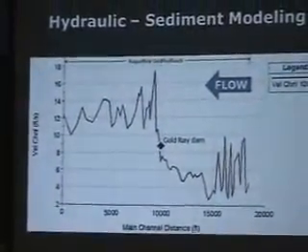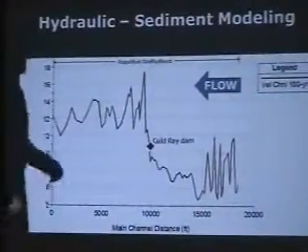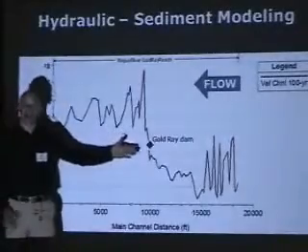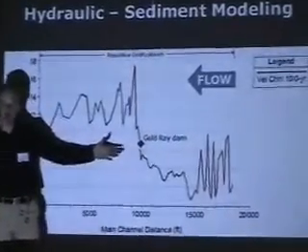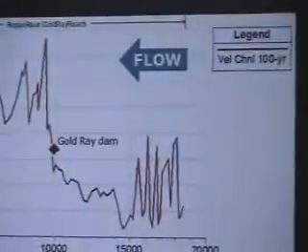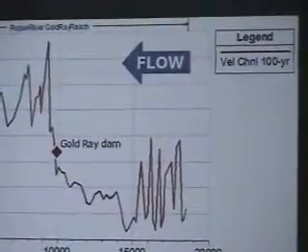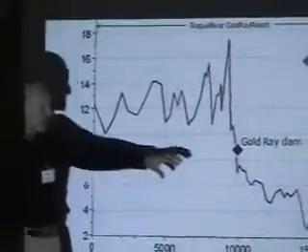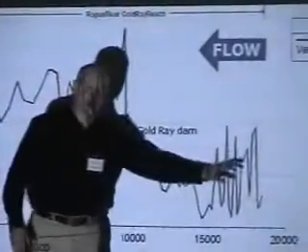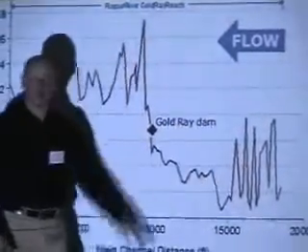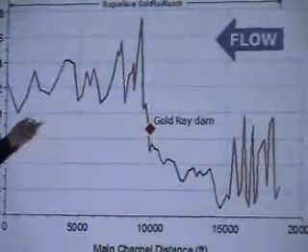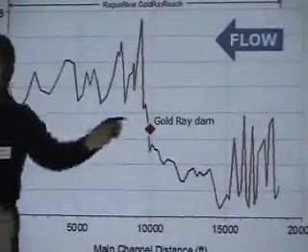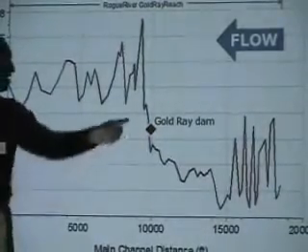If you look at the hydraulic modeling, you can start to see why it transports through this reach. You can see where the Gold Ray Dam is, and this is based on modeling if the dam were out, so the dam is gone. This is what the modeling looks like. This is velocity. This here is 10 feet per second under a 100-year event, like a 100-year flood. You can see in the reservoir area upstream of the dam, the velocities are all below 10 feet per second. Once you get past that constriction where the dam used to be, look at the velocities.